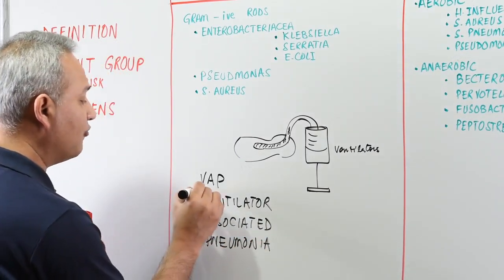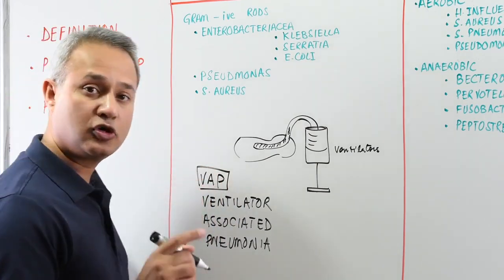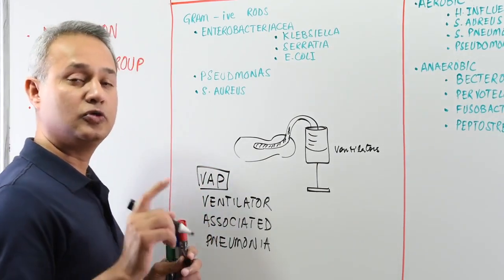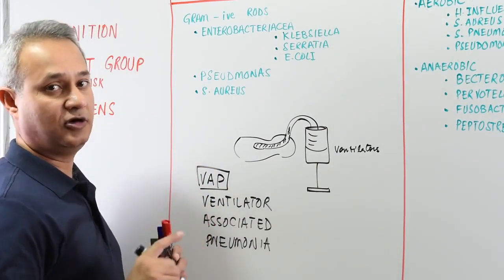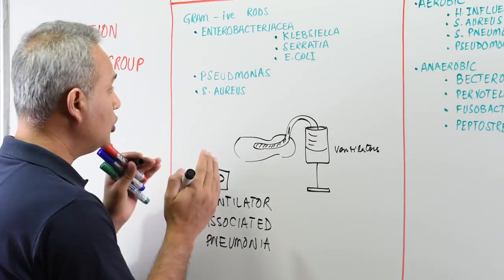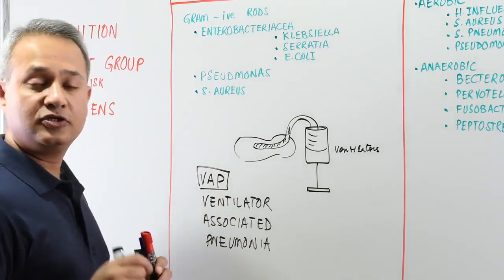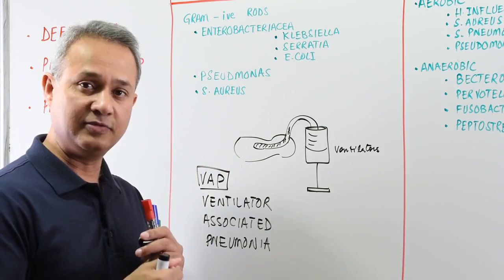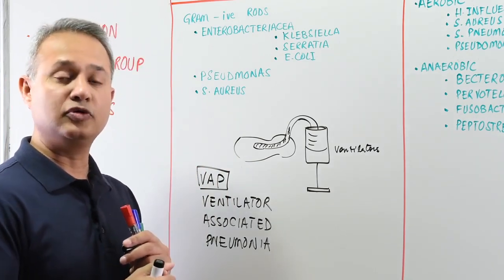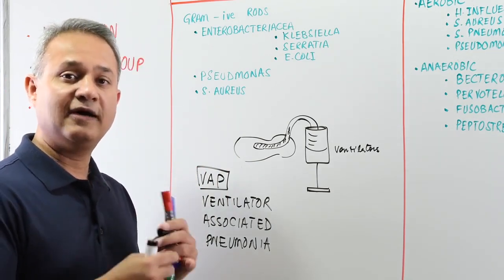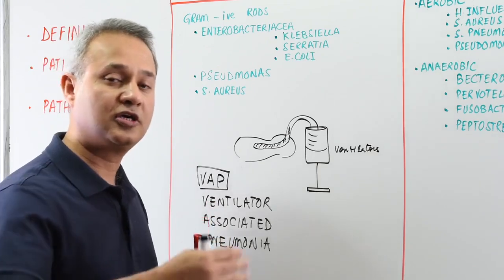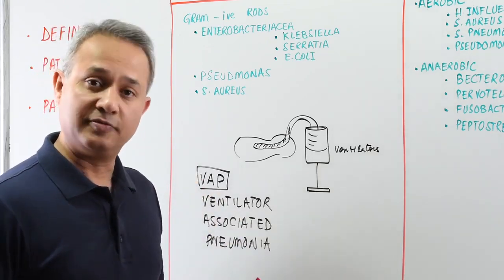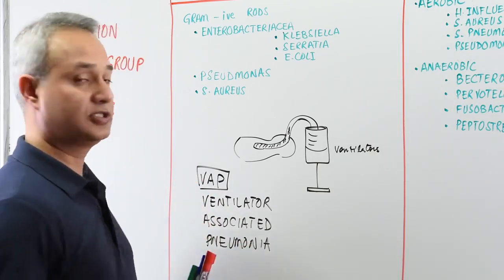And these, VAP, are the most common type of nosocomial pneumonias in the hospitals. Normally these pneumonias occur in patients who are severely debilitated or immunocompromised or have some other long-term antibiotic therapy going on. They are more at risk of this.